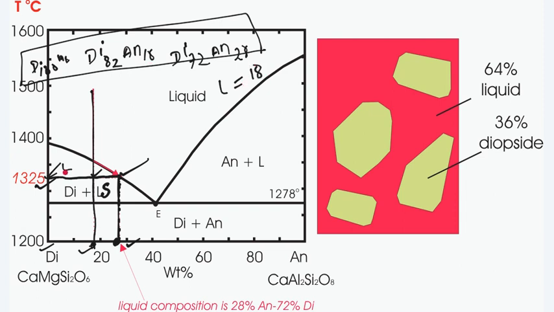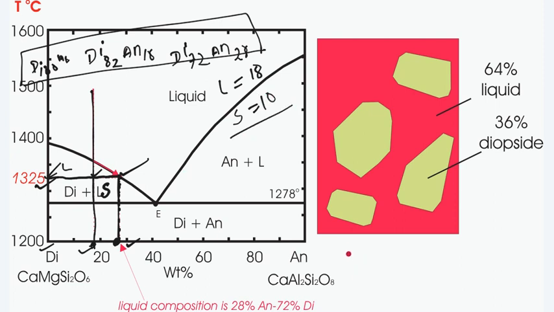The composition difference for the liquid line will be 18, and the composition difference for the solid line will be 10.